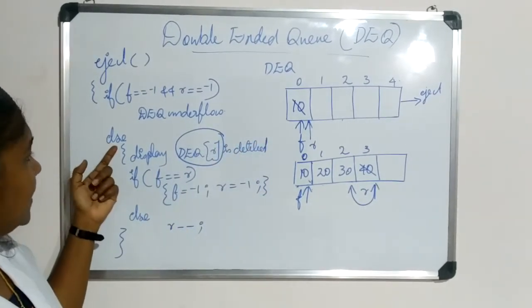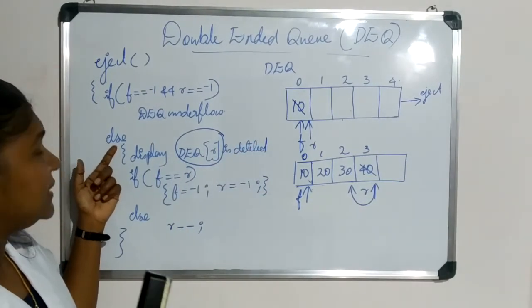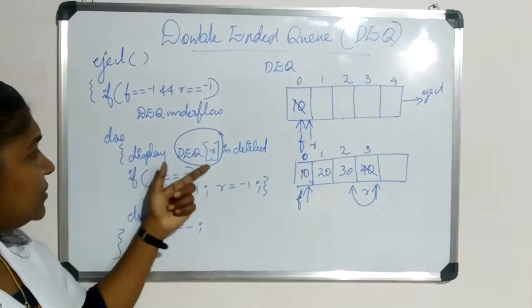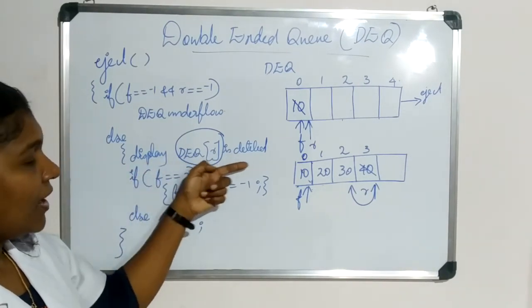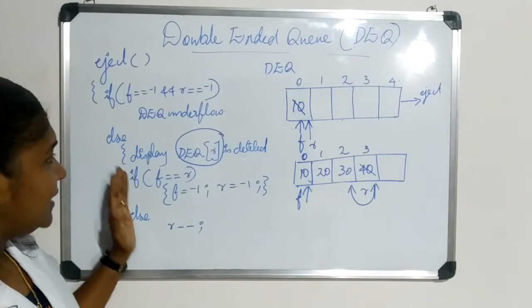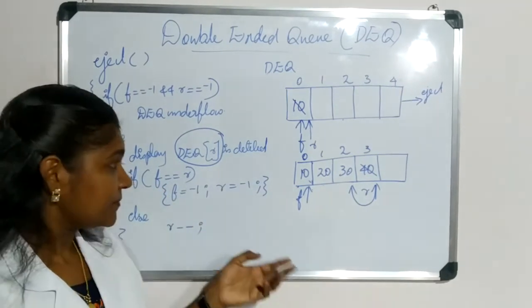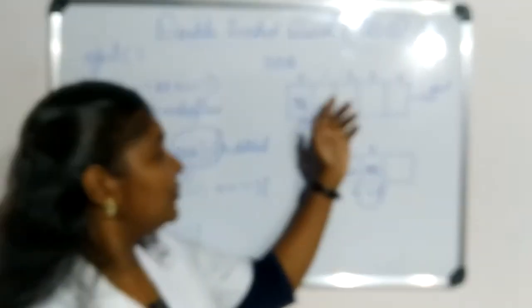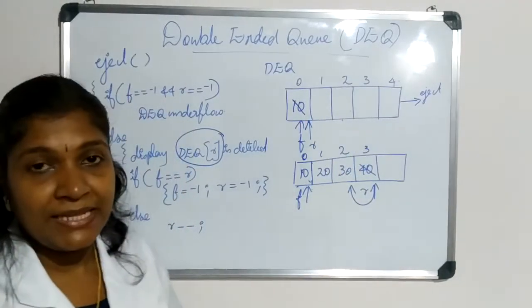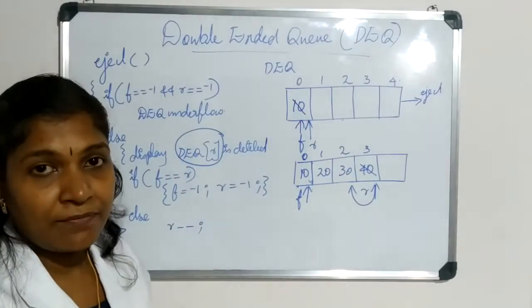Then in the else part, that is if eject is possible, first you display "deck of r is deleted". Then again we need to consider two cases. Which are the two cases? A double-ended queue with just one element remaining, and more than one element.